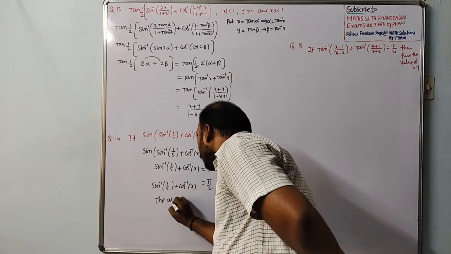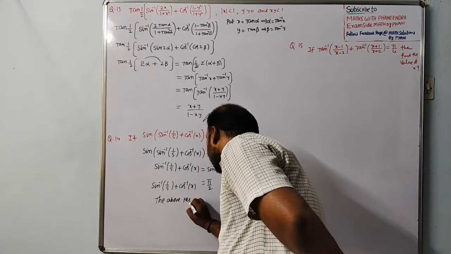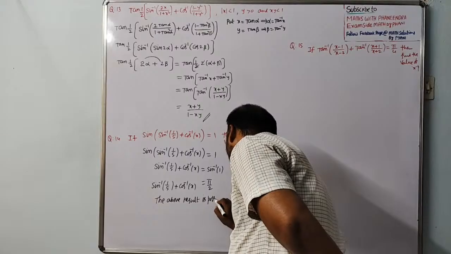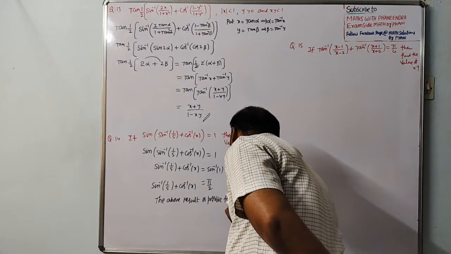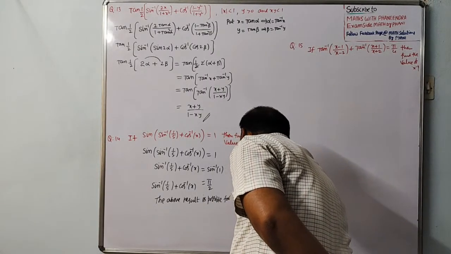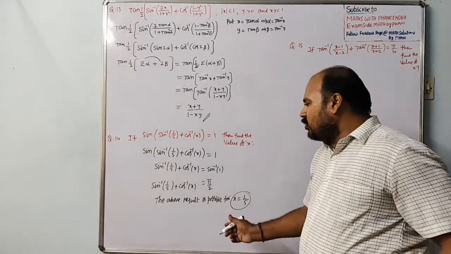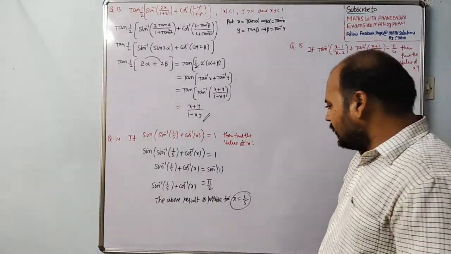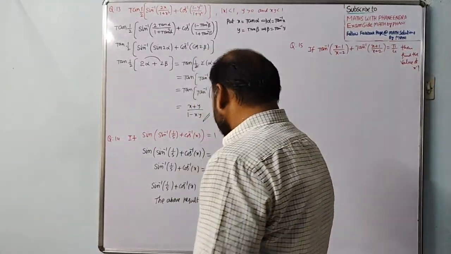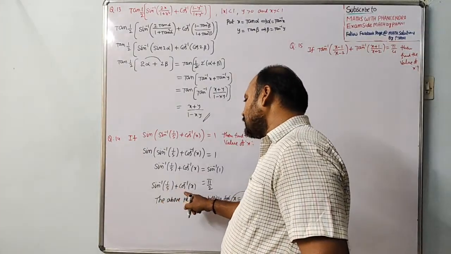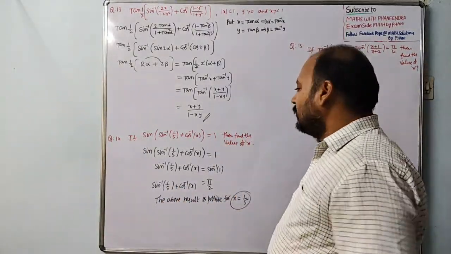The above result is possible for x is equal to 1 by 5. So how do you know it is? A doubt will arise, obviously. We can conclude that sine inverse of 1 by 5 plus cos inverse of 1 by 5.